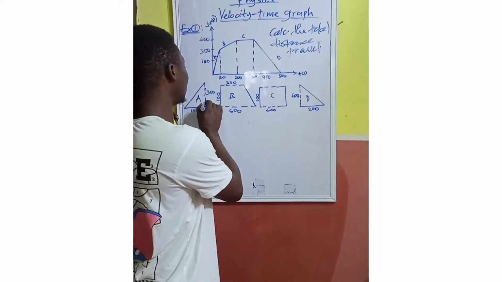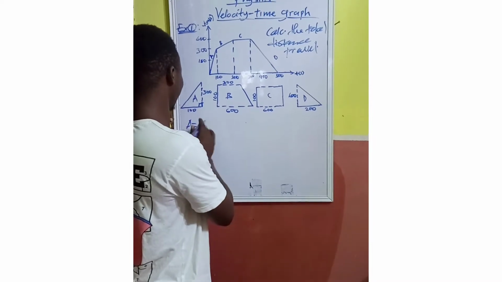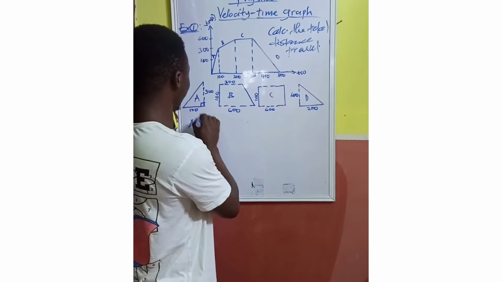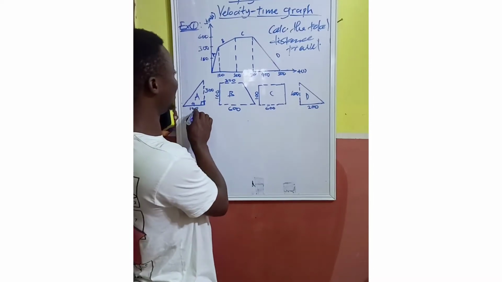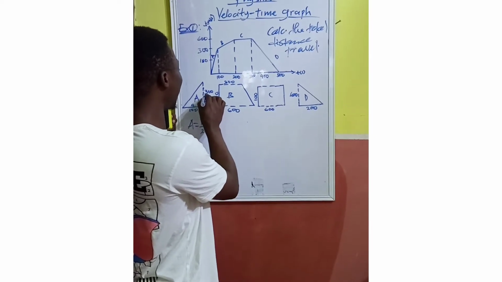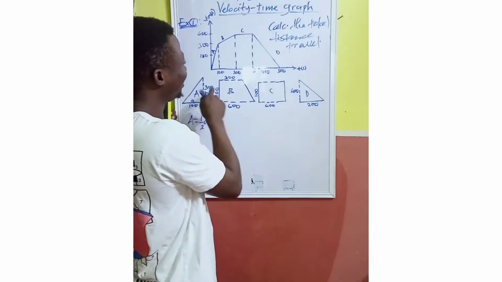Right angle triangle. Remember, the area of a right angle triangle is half A H. The A is 100 here, then the H is 300. How do I get this A from this graph? Look at this graph very well.